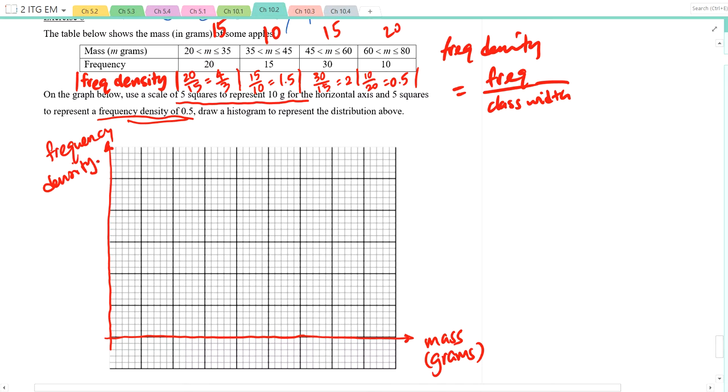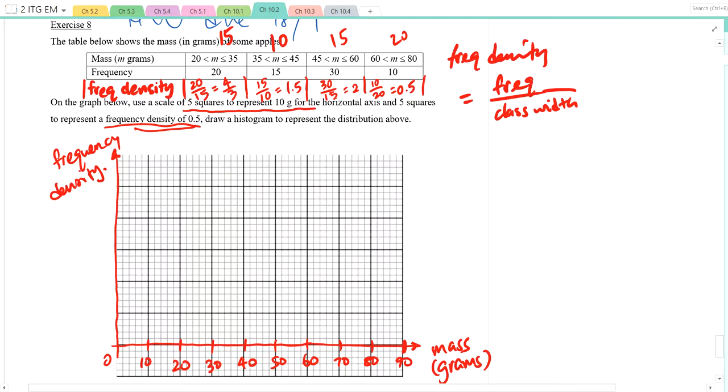Right, so the mass from 0, we've got 10, 20, 30, 40. Okay, all these are basics, you should know already. 5 squares to represent 0.5. It's 1.